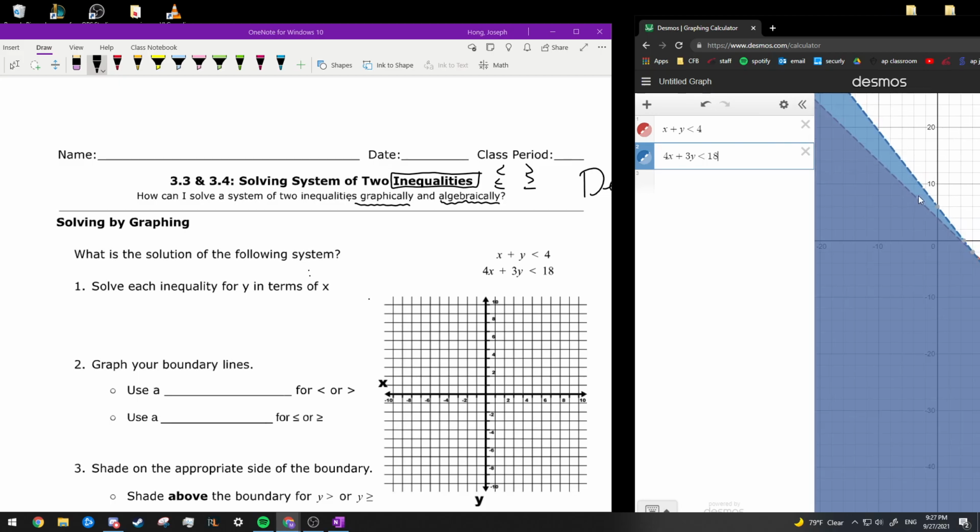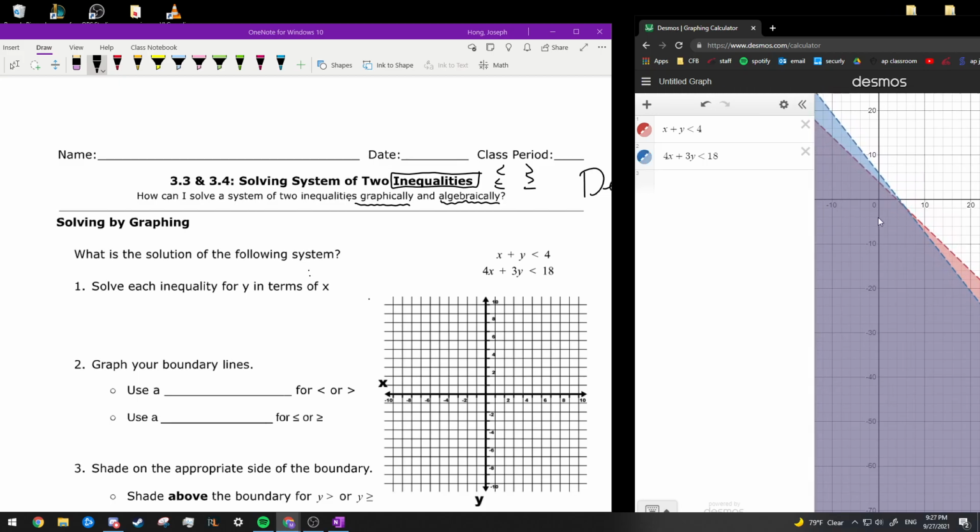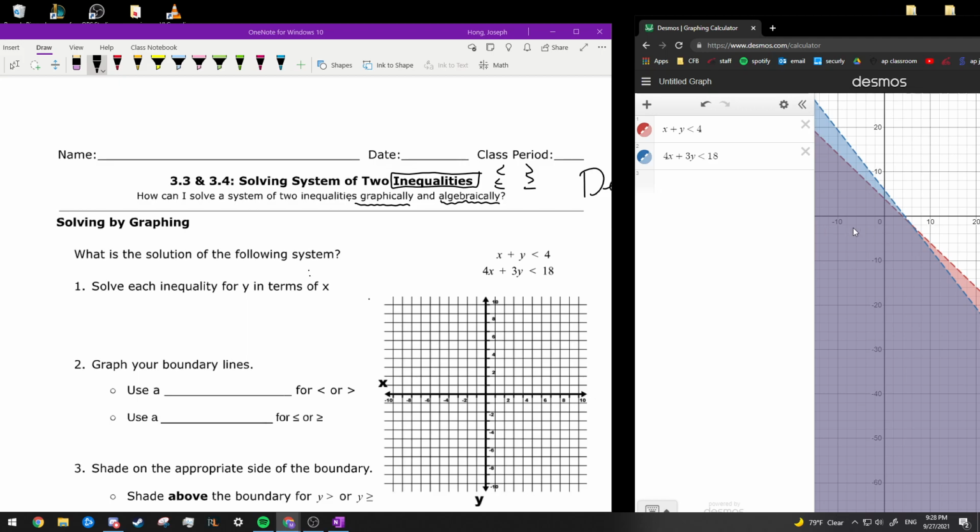You can see that where it's shaded for both, the purple in Desmos, is my solution.